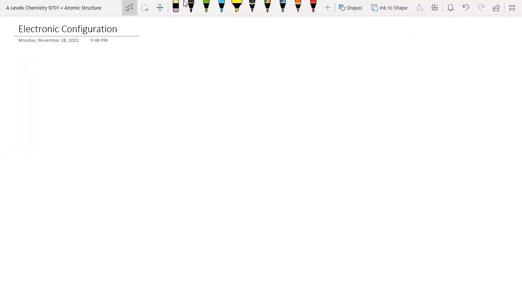We will discuss how the electrons are arranged in the atom surrounding the nucleus. What would be the different electronic configuration mechanisms? What would be the evidence of this electronic structure that was given by the Bohr atomic model?